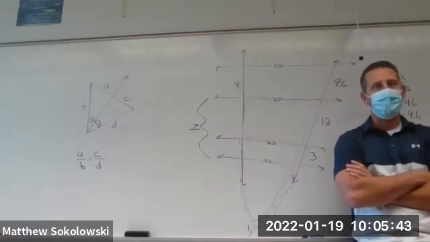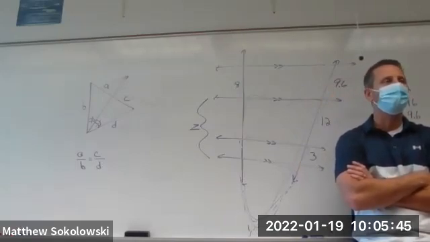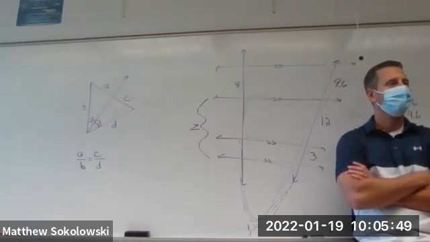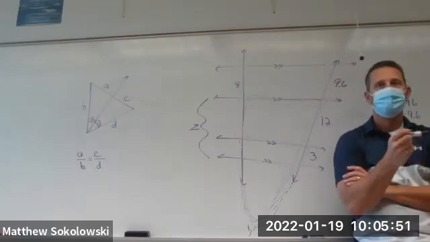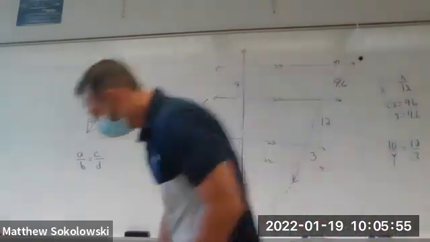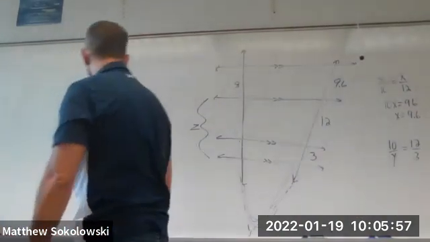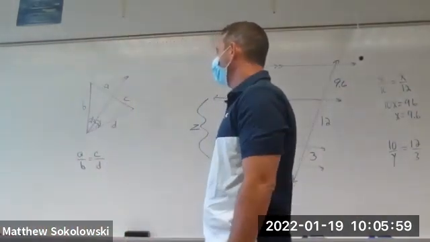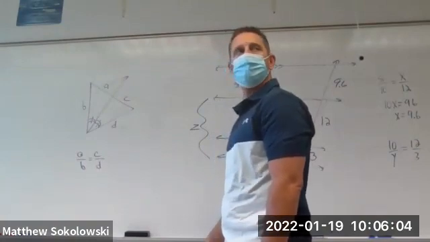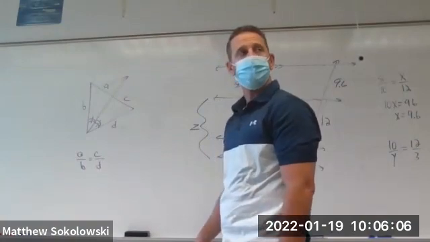So if you have that diagram, what's another proportion you can use to solve for missing sides? And I want fractions. I want two fractions. Sophia.